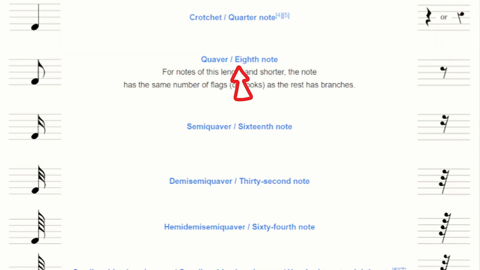An eighth note or a quaver equals half a beat. A 16th note or a semiquaver equals 1/4 beat. A 32nd note or a demisemiquaver equals 1/8 beat. A 64th note or hemidemisemiquaver equals 1/16 beat.